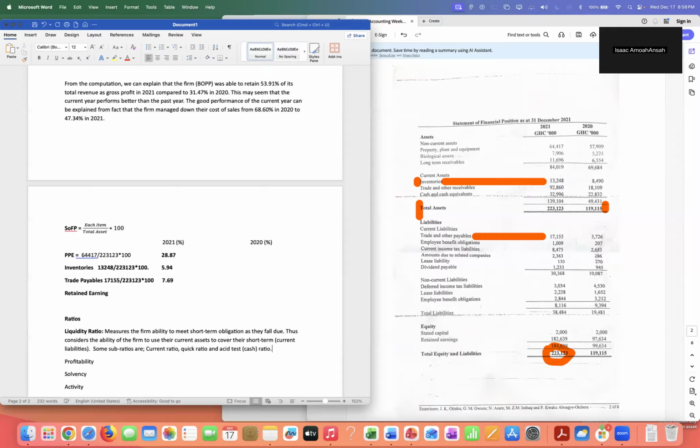All right. So these are the three sub-ratios that I mentioned under liquidity. How you are able to use your current assets to meet up your current liabilities.